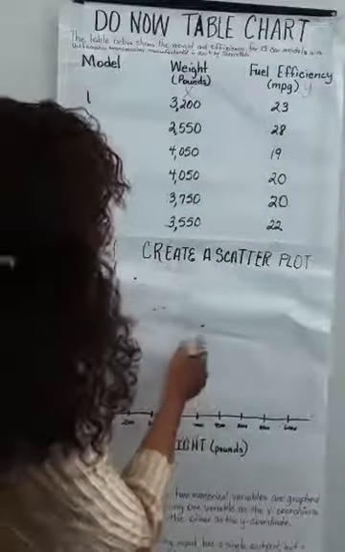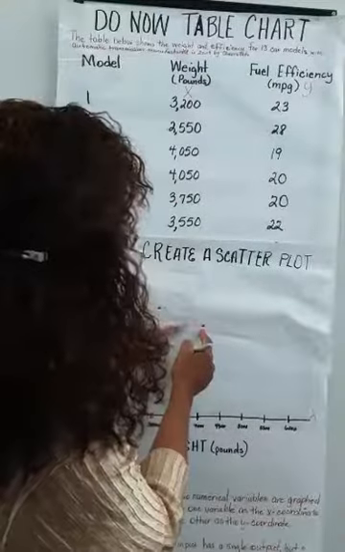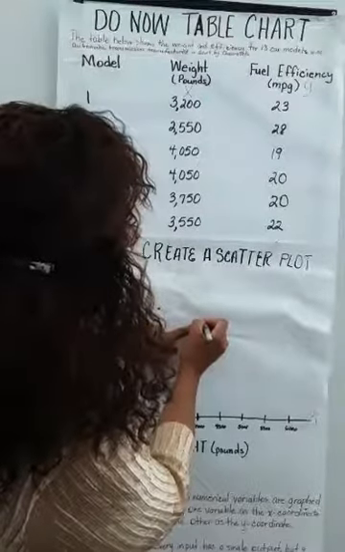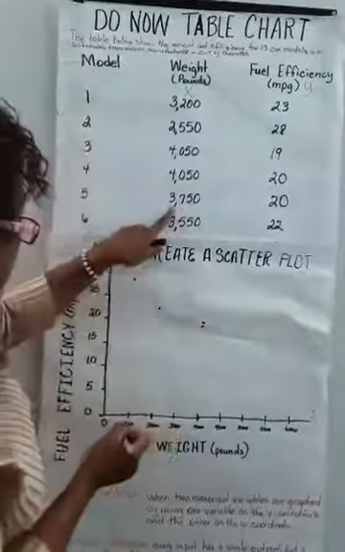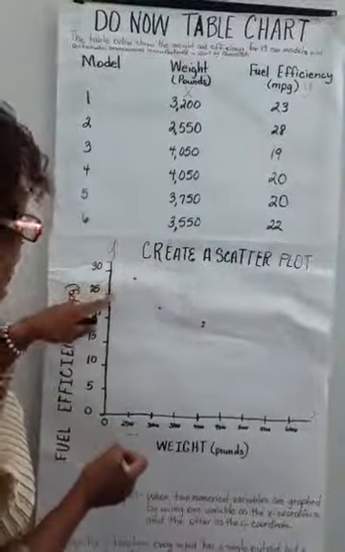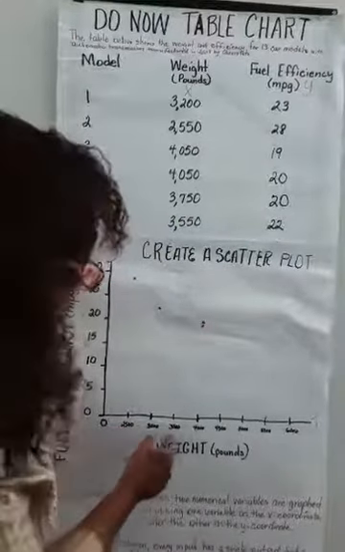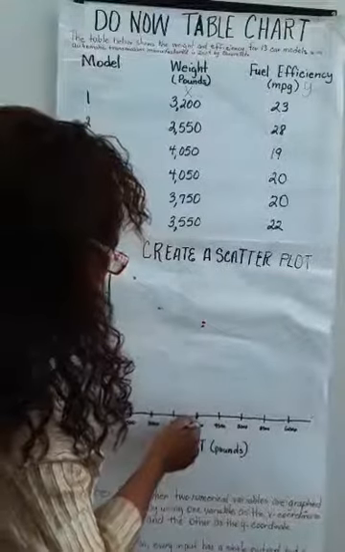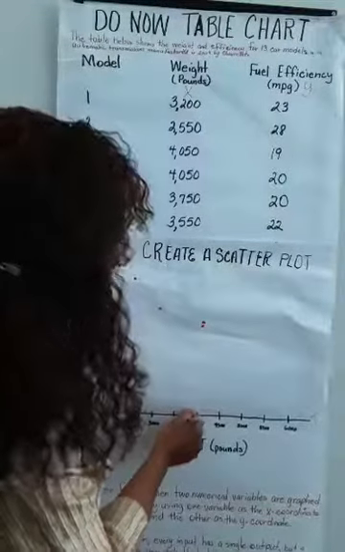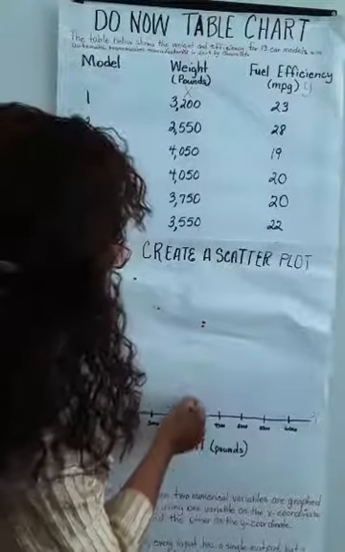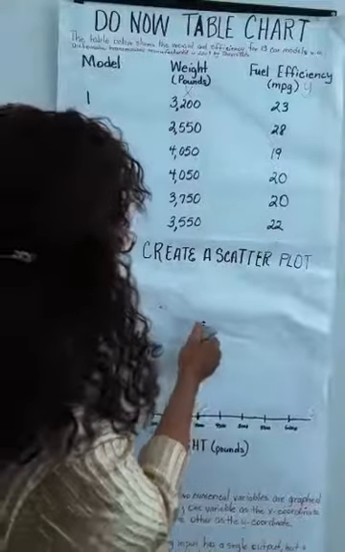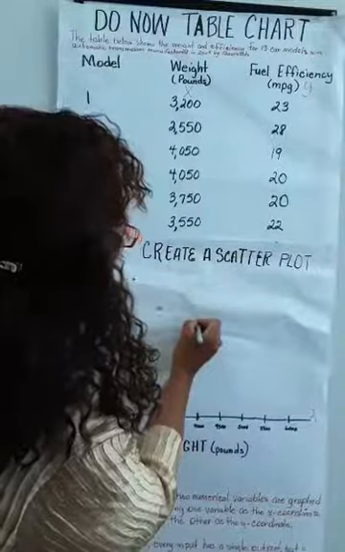So it'll be somewhere right in here. I'm going 20. 3,750 for the fifth model. I can go 20. So that's gonna be somewhere right up in here.